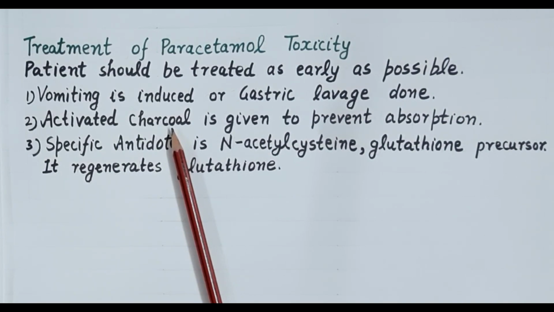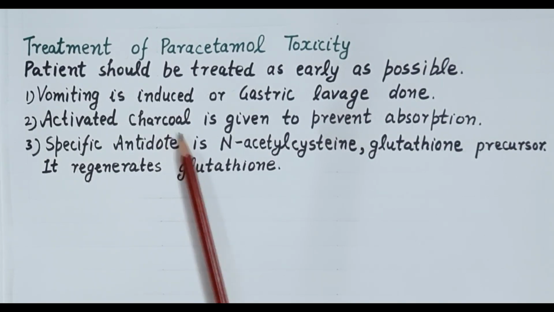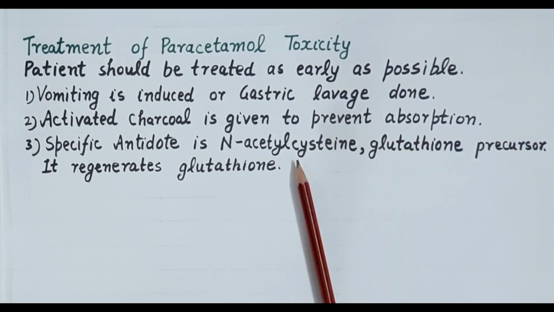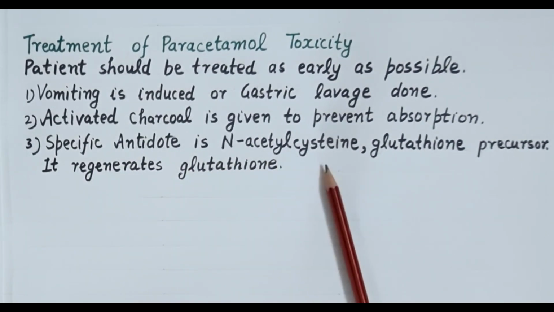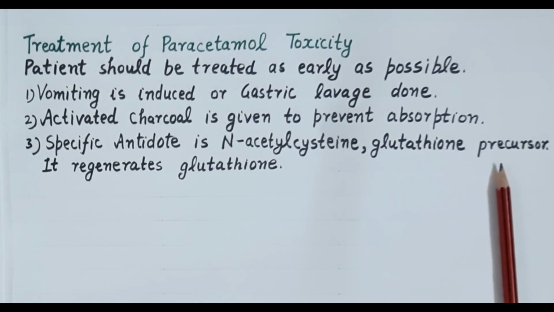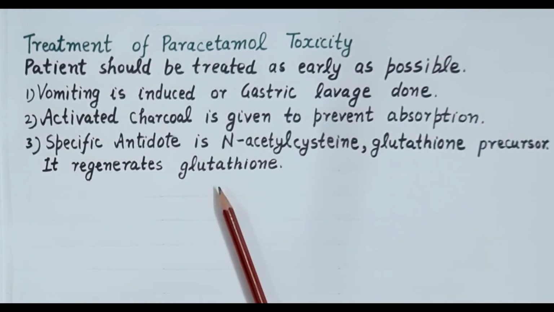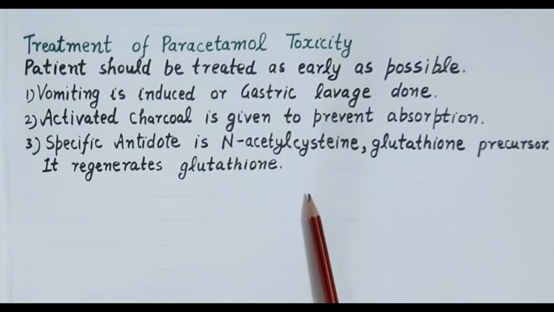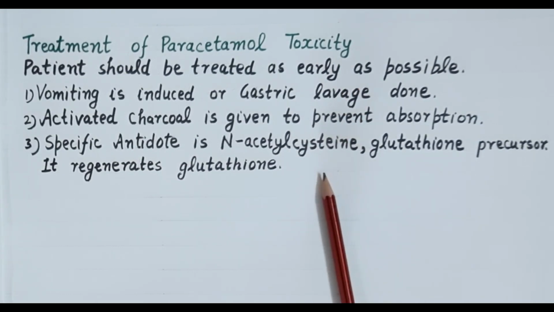So even if paracetamol is in the stomach, it is not absorbed in the blood. Then N-acetylcysteine. N-acetylcysteine is a specific antidote of paracetamol. It is a glutathione precursor. N-acetylcysteine regenerates glutathione so that NAPQI is excreted from the body. So this is how paracetamol toxicity is treated.